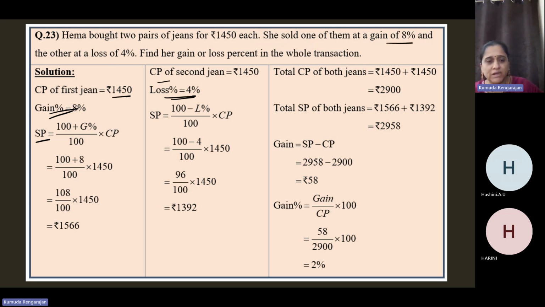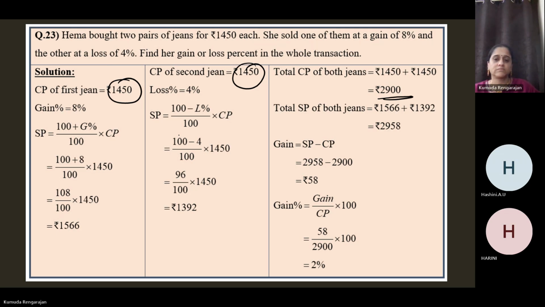And using CP and loss percent, find the SP using the formula. Now the CP plus the CP is the total CP. This SP plus this SP is the total SP.